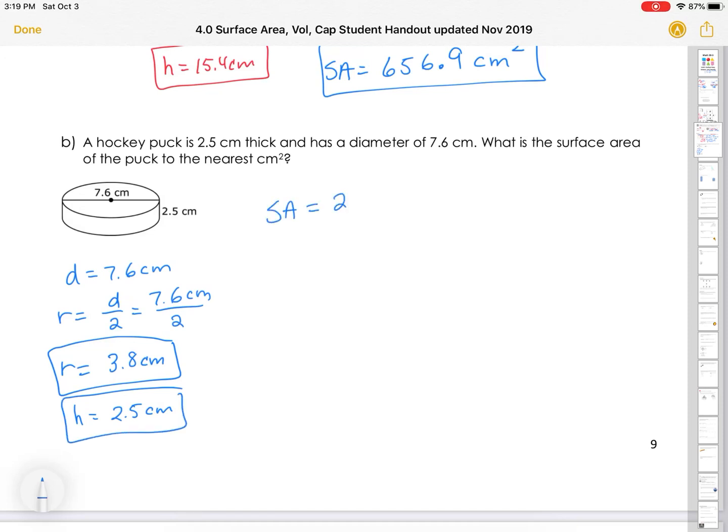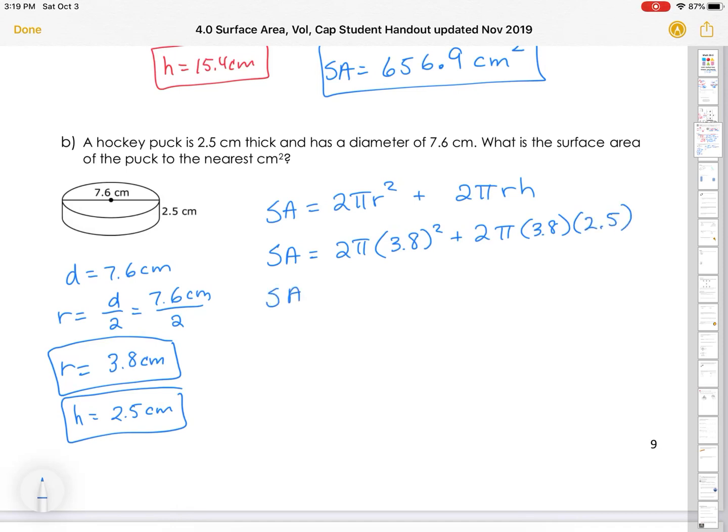So surface area is equal to 2 pi r squared plus 2 pi rh. We substitute in: 2 pi times 3.8 squared plus 2 pi times 3.8 times 2.5.